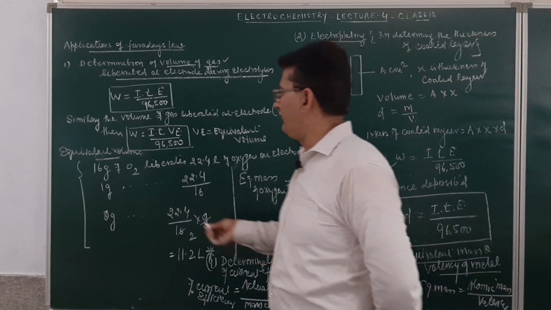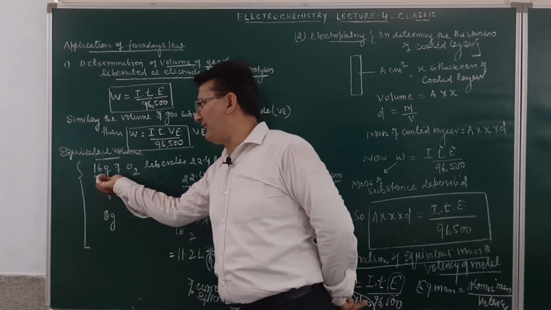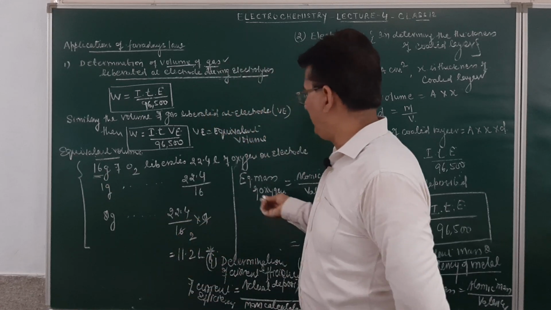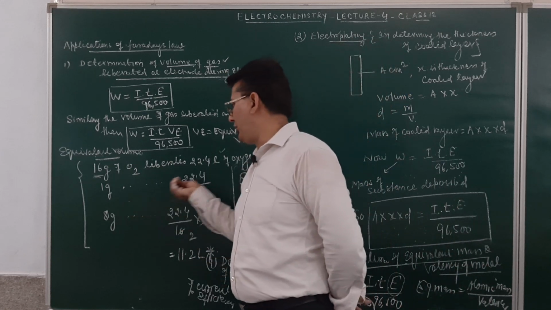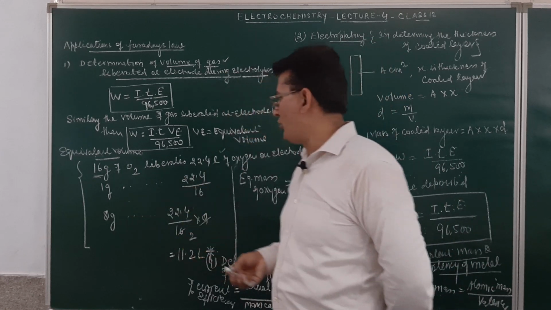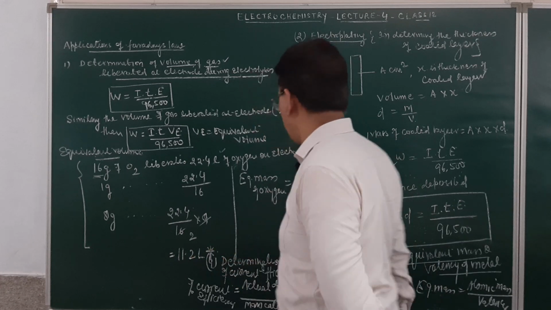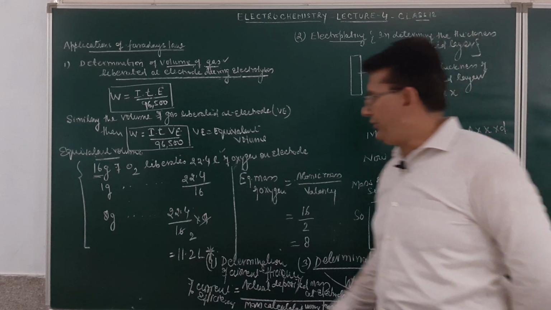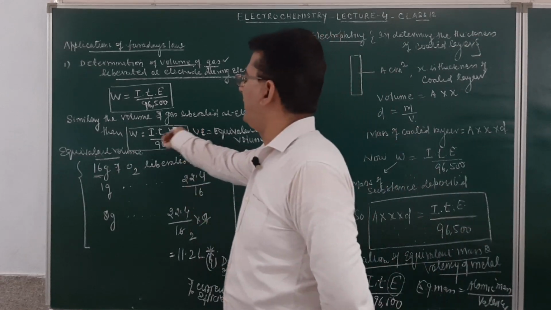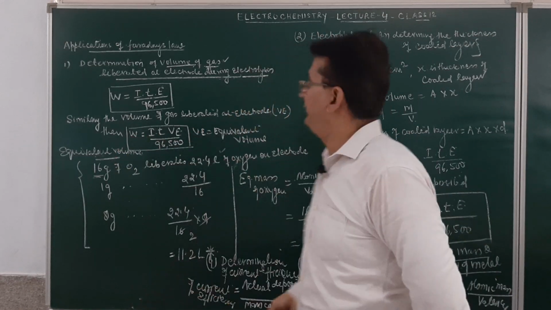How do we find the equivalent volume? The atomic mass of oxygen is 16, and it liberates 22.4 liters. So 1 gram will liberate 22.4 upon 16, and 8 grams will liberate 11.2 liters.